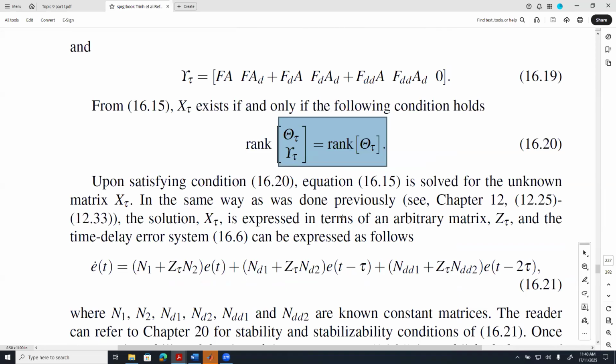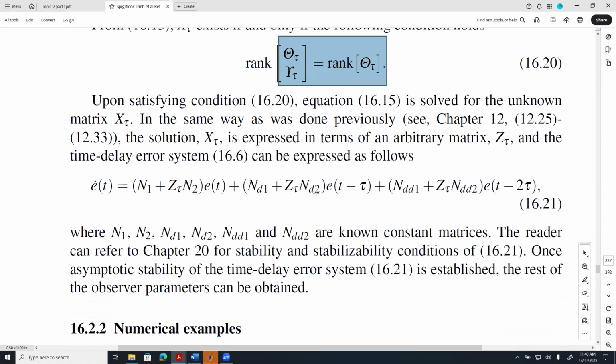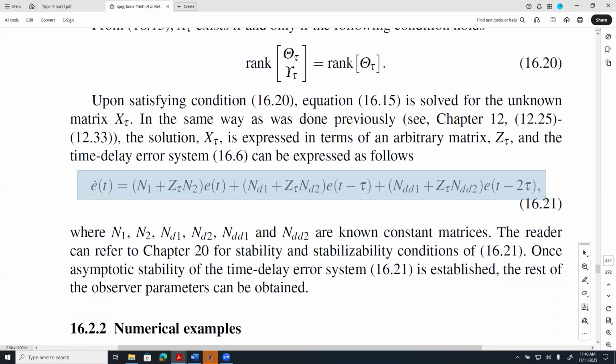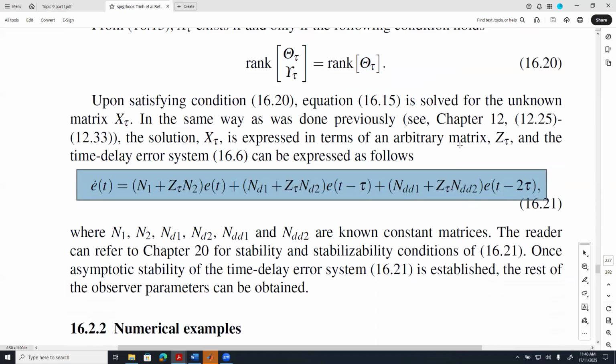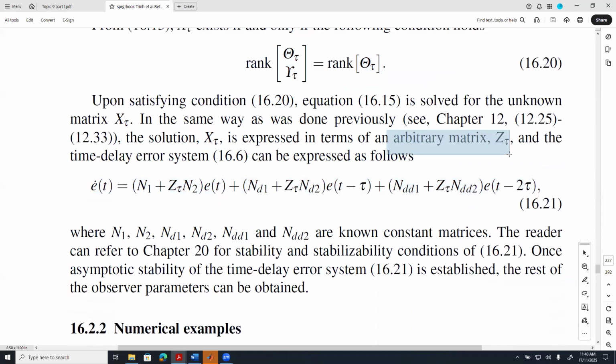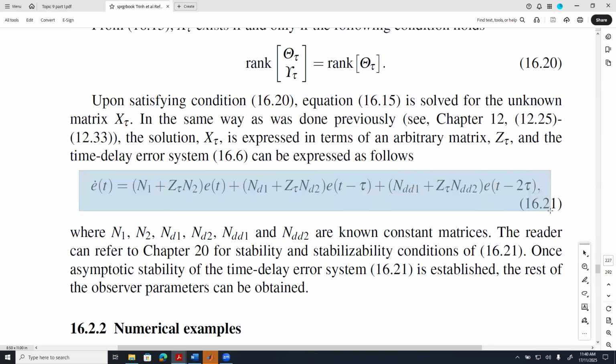arbitrary matrix. And then we can express the solution of the error of the time delay system in terms of that free arbitrary matrix. If these submatrices N2 and N_D2 and so on are non-zero, then we have this general error time delay system.